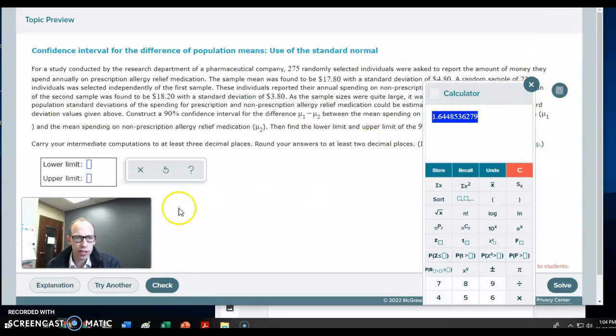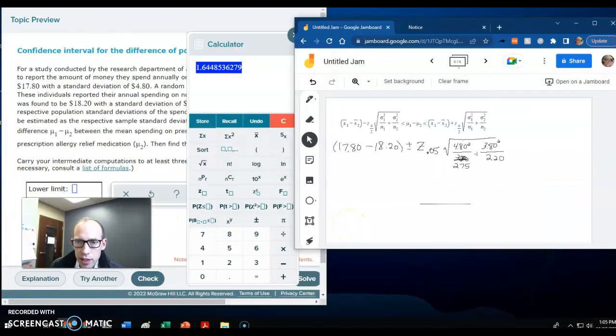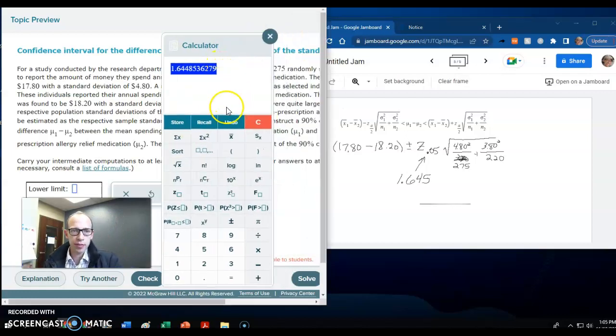All right, I'm going to pause this while I set things up. Okay, so I've got everything set up, and this critical value, like we found on the calculator, is 1.645. All right, let's go ahead and calculate this here. So we're going to start with our 1780 minus 1820.